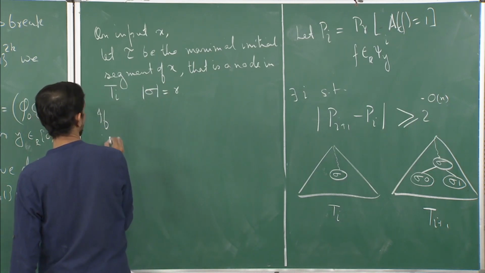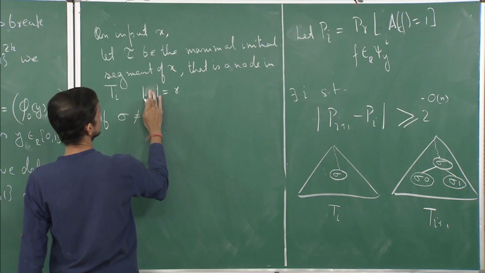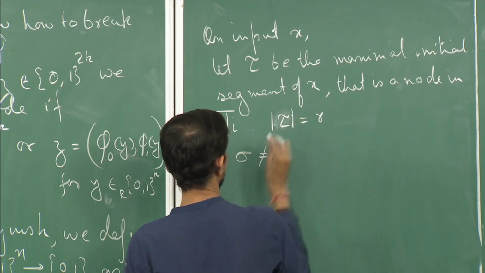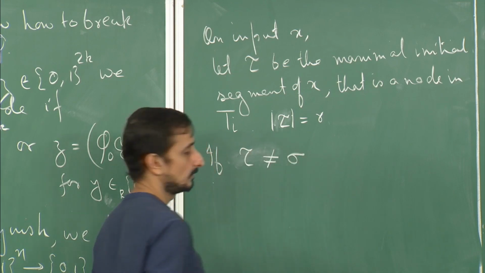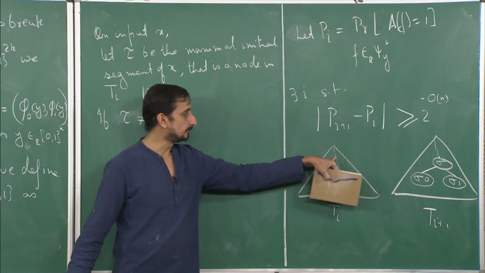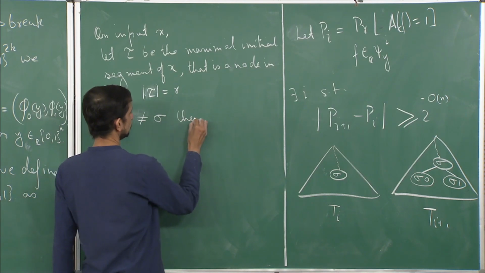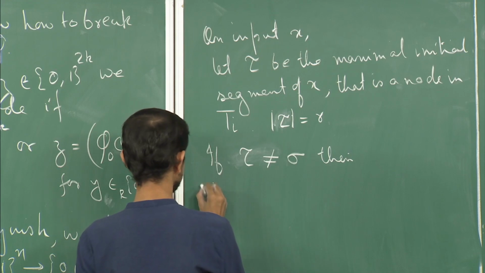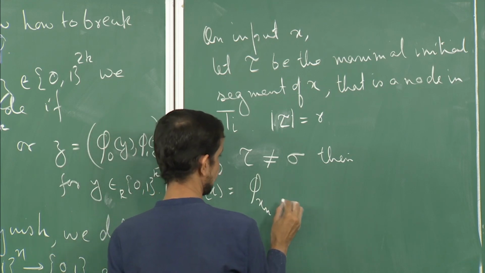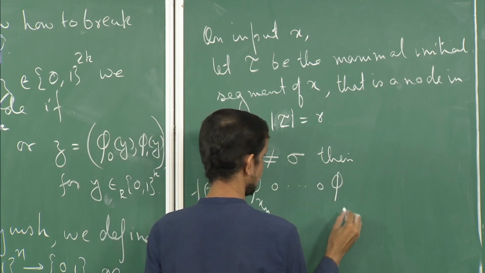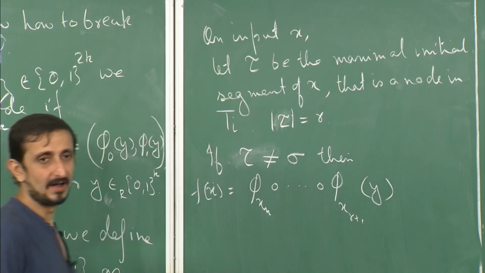So if tau is not equal to sigma, that is, it branched off from the path leading to sigma at some point, then I will define f of x to be the first bit of phi xn composed with phi x r plus 1 of y.